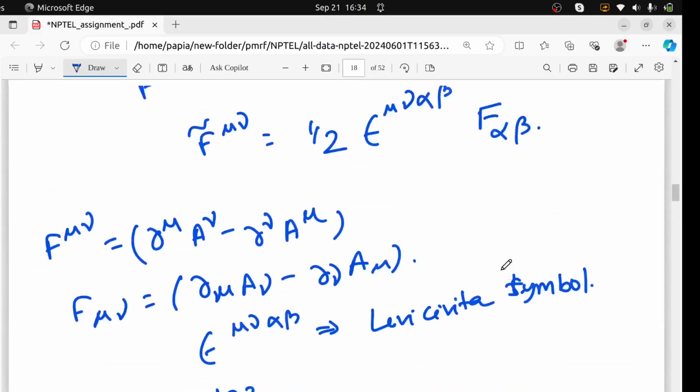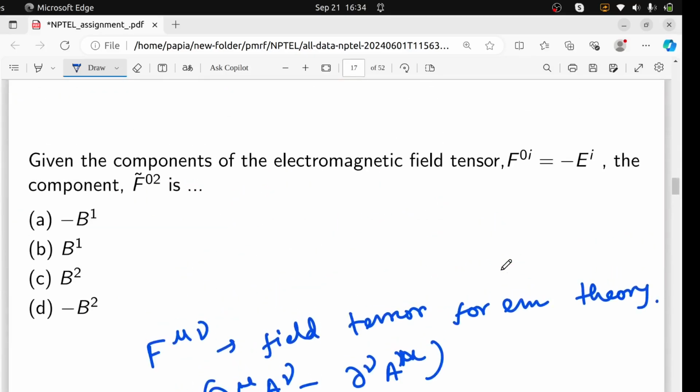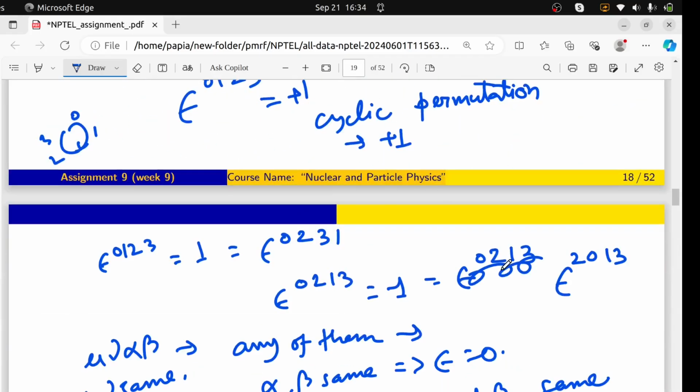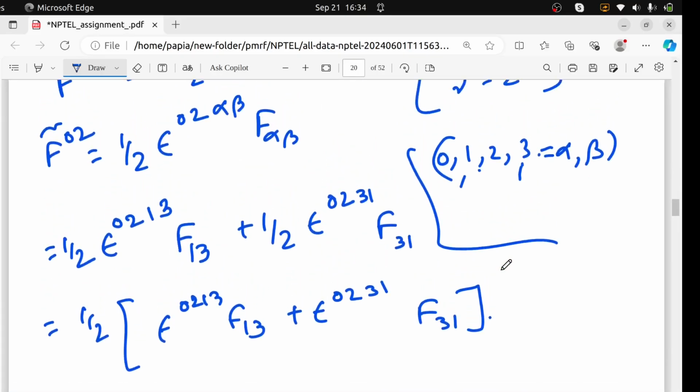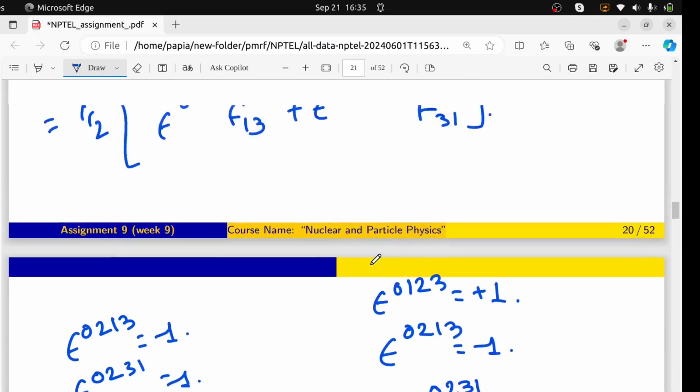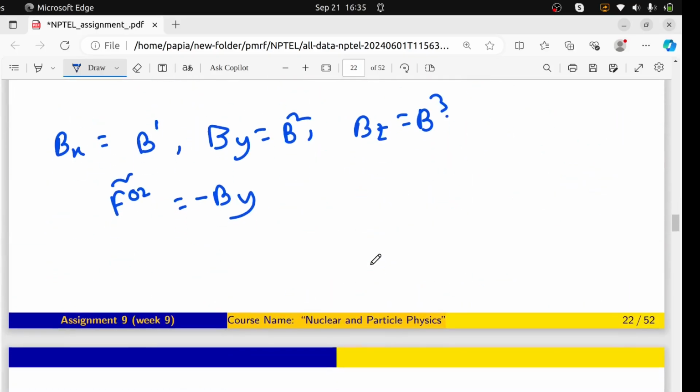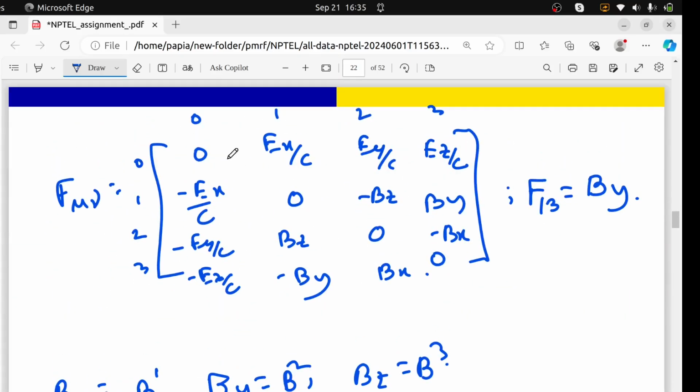So the answer, whatever it is given, so this one, F0 tilde. F13 is 0, 1, 0, 1, 2, 3. Okay.